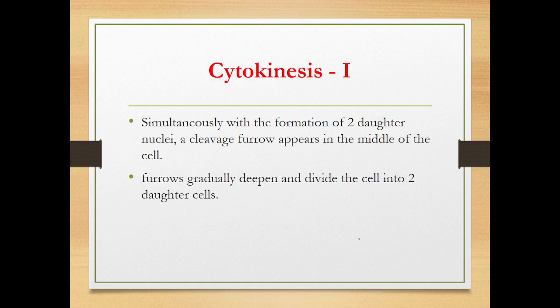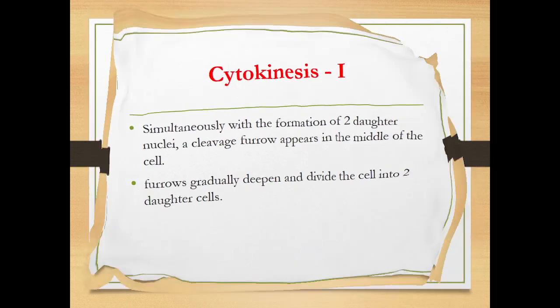Let's say this is a cell, and a furrow appears in the middle which will deepen and separate the cell into two. Remember, each cell will have a nucleus of its own, and it is these two cells which will go on to undergo meiosis 2.